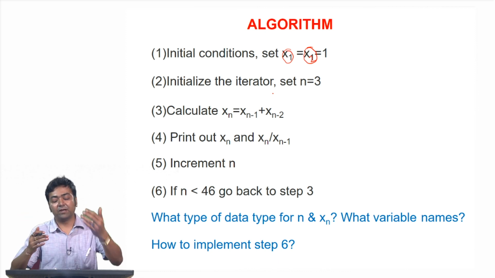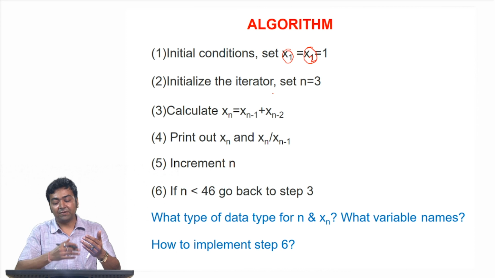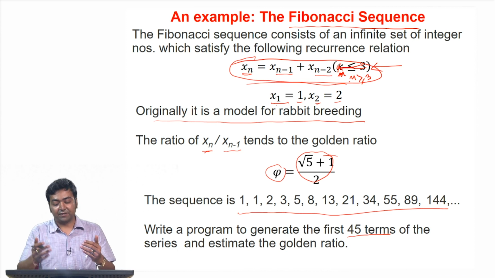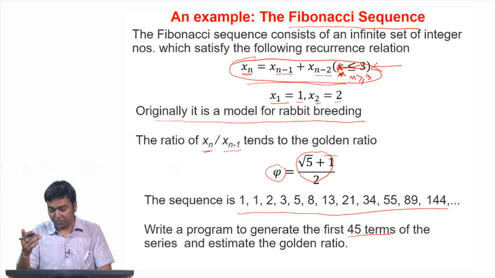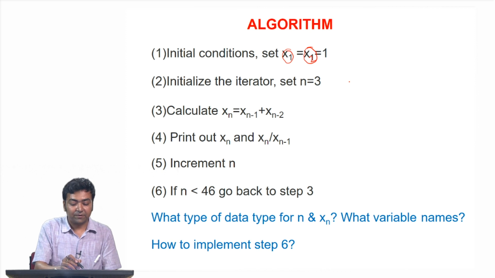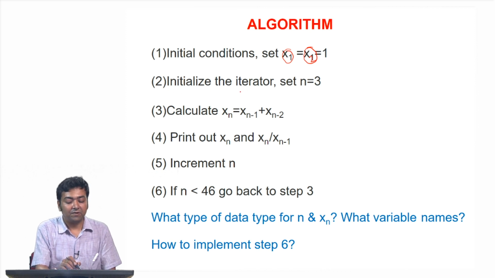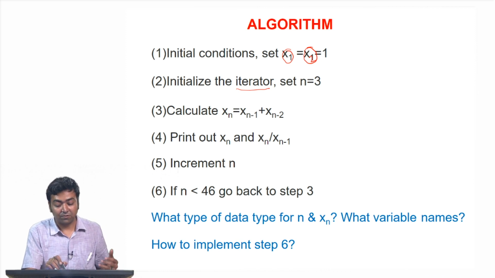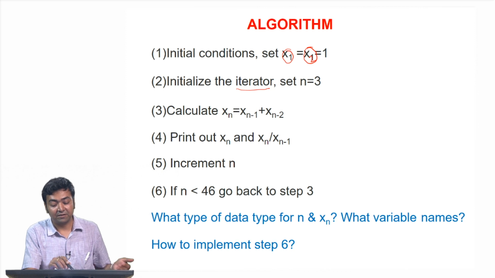Then to generate the fourth number we need to perform the same set of operations mentioned in this equation, but now using x2 and x3, and so on and so forth. We need to do this repeatedly. That is why we need an iterator which can do this iterative job, and we also need a counter that will tell us how many times this iteration is done.